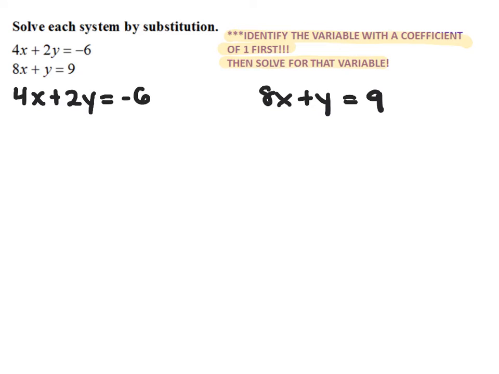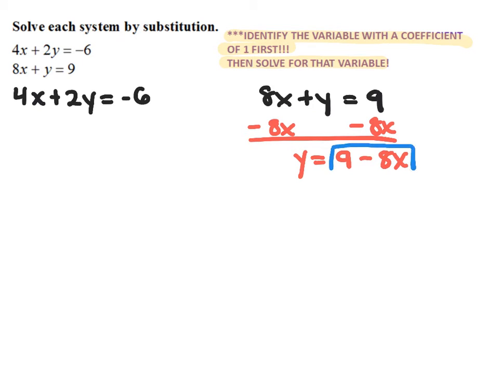So in this case, I would subtract 8x from both sides. So you'd have y equals 9 minus 8x.